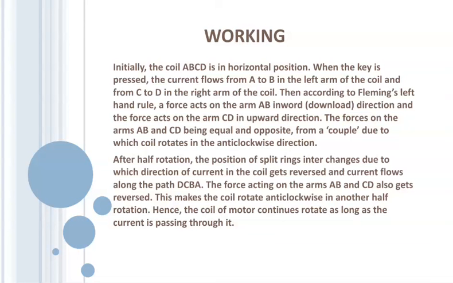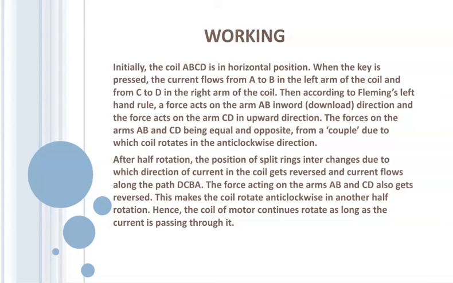The reversal of direction of current reverses the direction of forces acting on sides AB and CD of the coil. The side CD of the coil is now on the left side with the downward force, whereas the side AB is now on the right side with the upward force. Due to this, the side CD of the coil is pushed down and the side AB of the coil is pushed up.